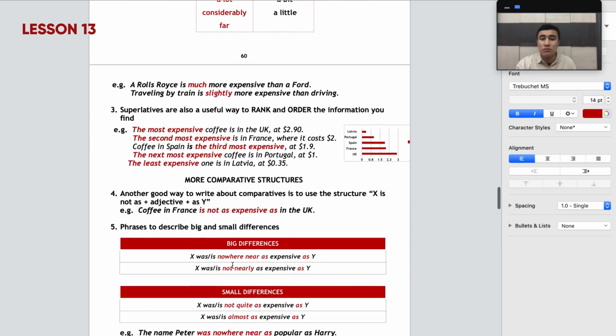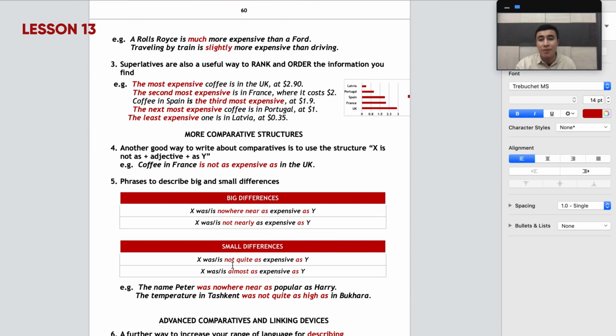And now let's talk about comparative structures. Let's continue talking about them. And of course, a very good way to write about comparatives is to use the structure where X is not as adjective as Y. So let's say coffee in France is not as expensive as in the United Kingdom.